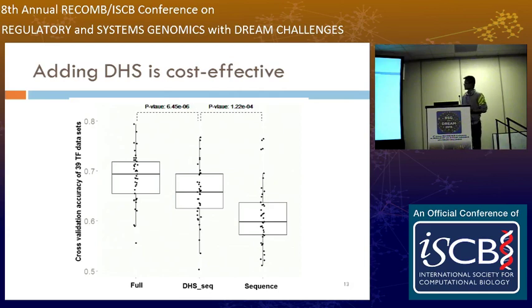However, the DHS-seq model also has a very significant improvement compared with the sequence model. It almost covers 60% of the improvement of the full model. So our conclusion is that adding the DHS is quite cost-effective if you want more accuracy.